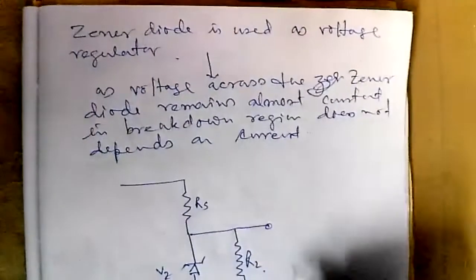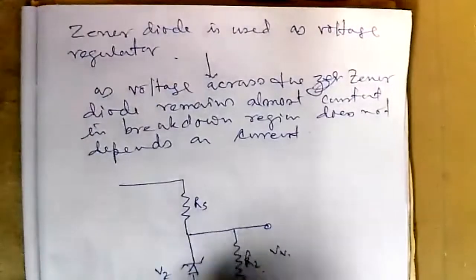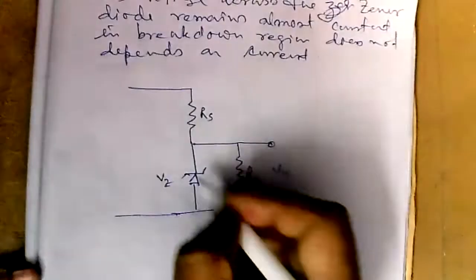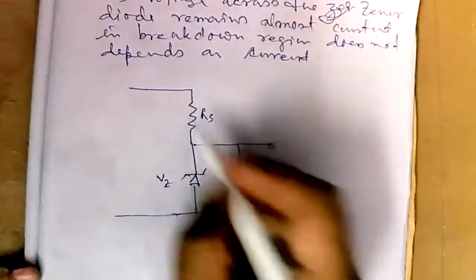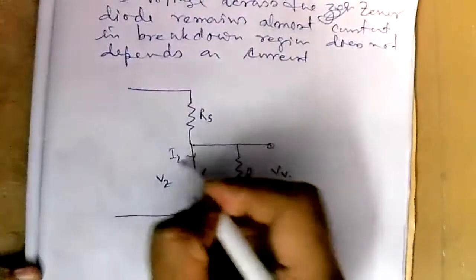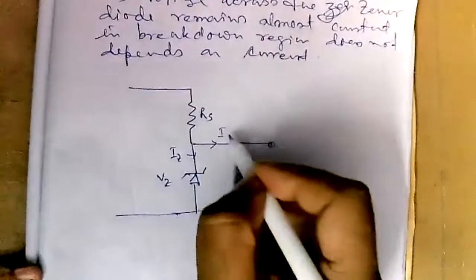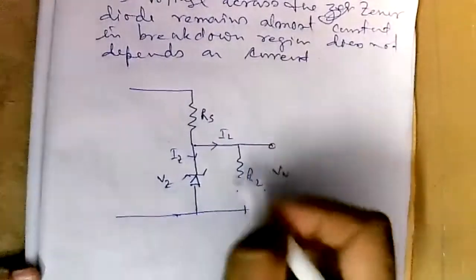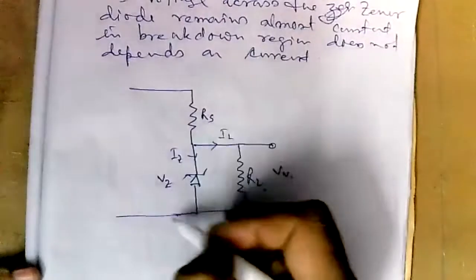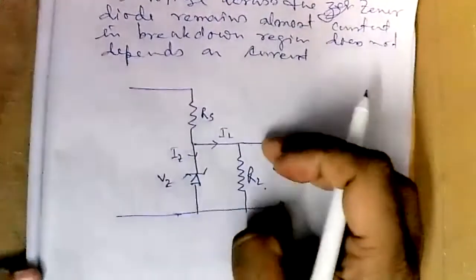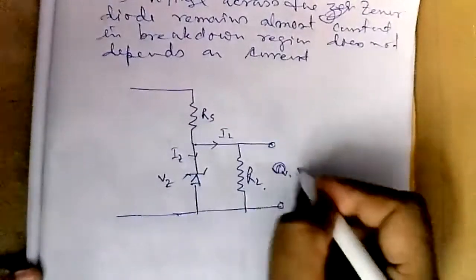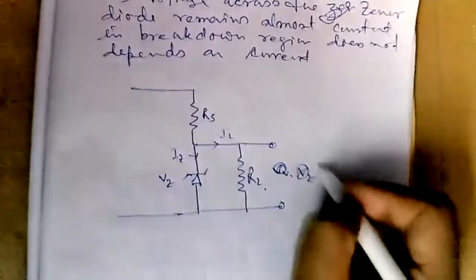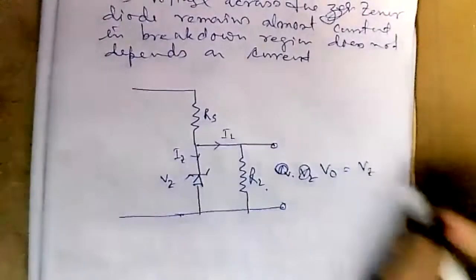In the output, you will get the voltage drop Vz because they are in parallel. And this Vz will always remain constant. When current increases, Iz increases, so the current through the load will remain the same. So the voltage drop across the load will remain the same. The extra current will pass through the Zener diode. So V output will equal Vz.